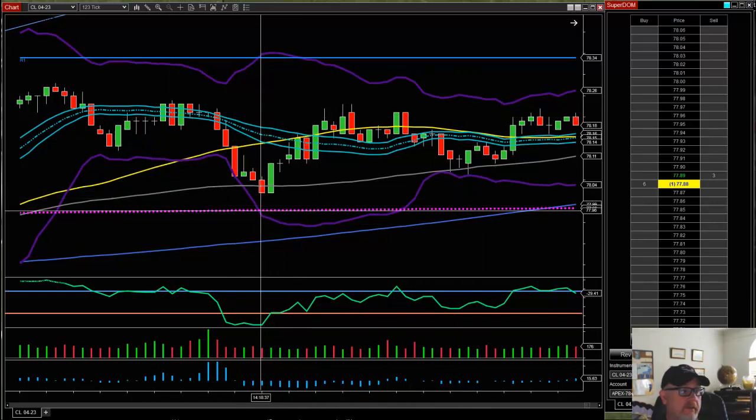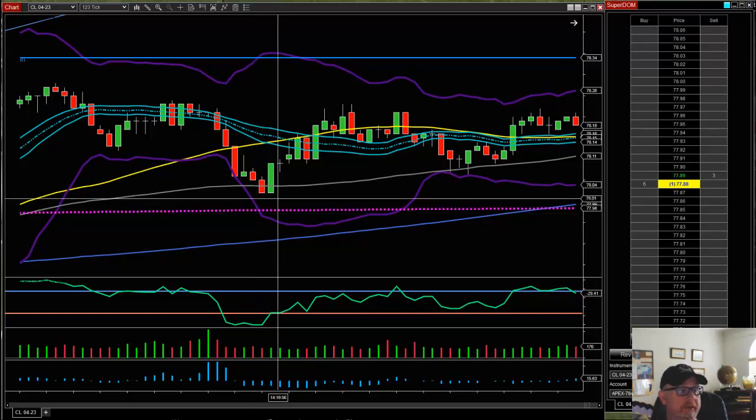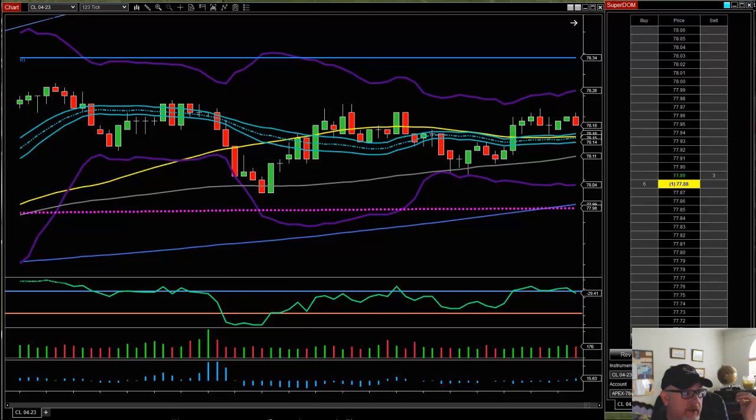The VWAP sign ends up being the signal down, letting you know that the market was getting close to that. That's one of the reasons I put it on, because the trader I was listening to said it can end up being a profit-taking area. You notice it got close to it today.